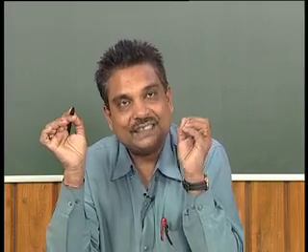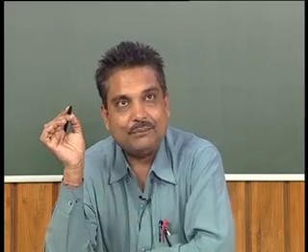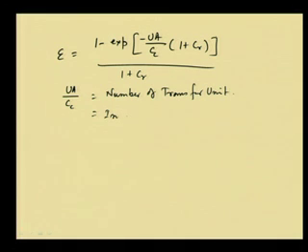So, UA by Cc says how much heat is being transferred by the heat exchanger per unit capacity of the cold fluid, the minimum fluid, and per unit temperature difference. Therefore, it is indicative of the size of the heat exchanger. So, this NTU is indicative of heat exchanger size.